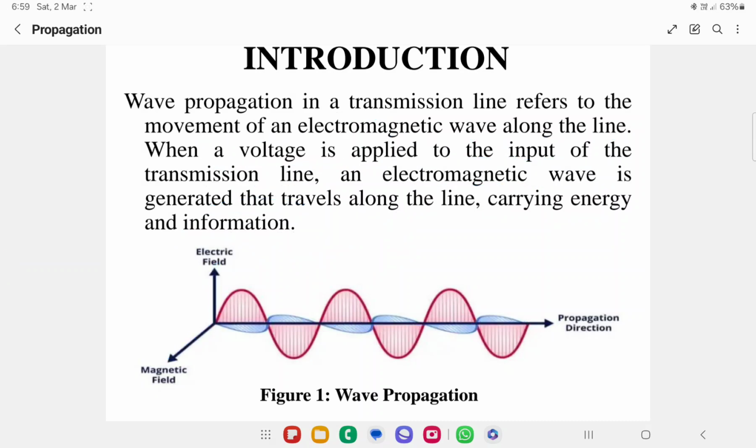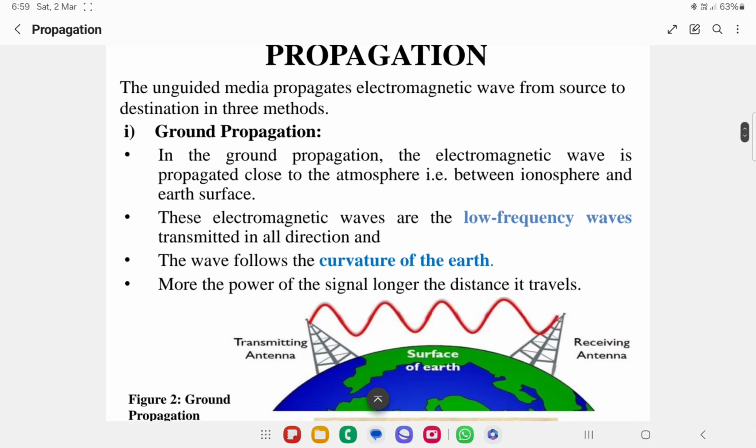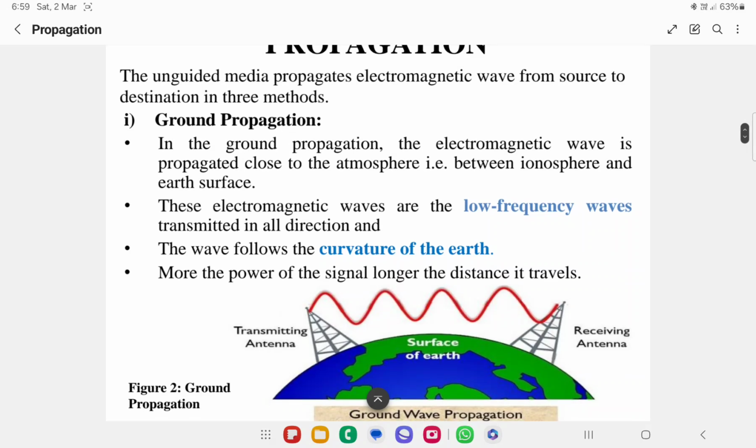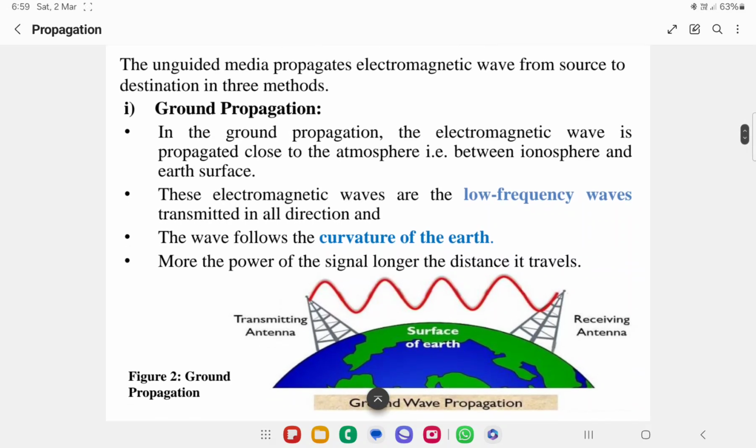Now next comes the types of propagation. You can see there are mainly three types. The first one is ground propagation. Here I have mentioned the word unguided media.